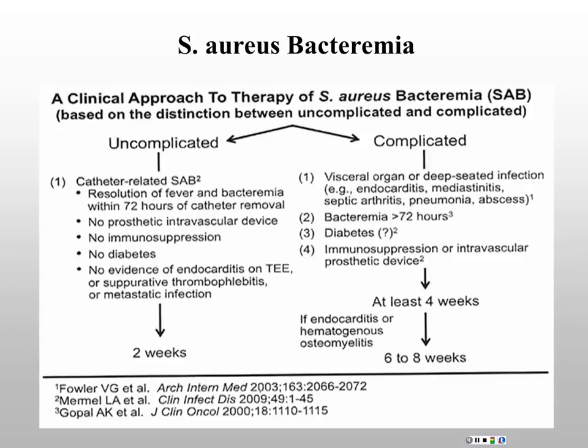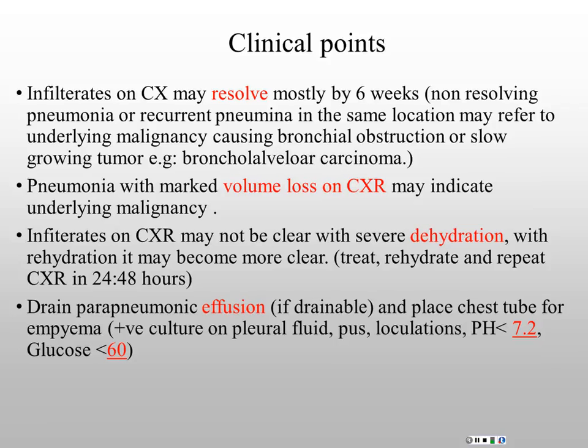There is a question mark put on the diabetes here because the evidence is not strong for the diabetes, so just keep it in mind. And this algorithm was done mainly for central line related infection, but again we can use these data to treat Staph aureus bacteremia as well, even if it's not associated with central line.